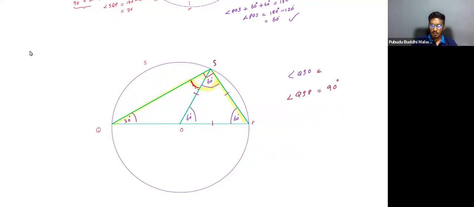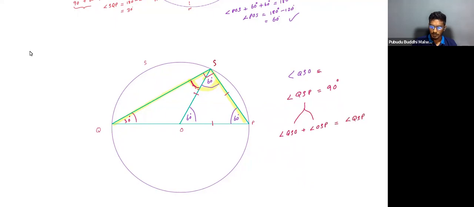Right? And also, according to this diagram, QSP is the sum of two angles actually, QSO and OSP, like this.